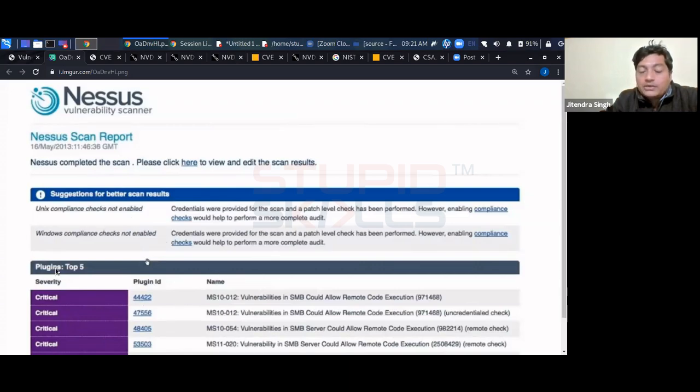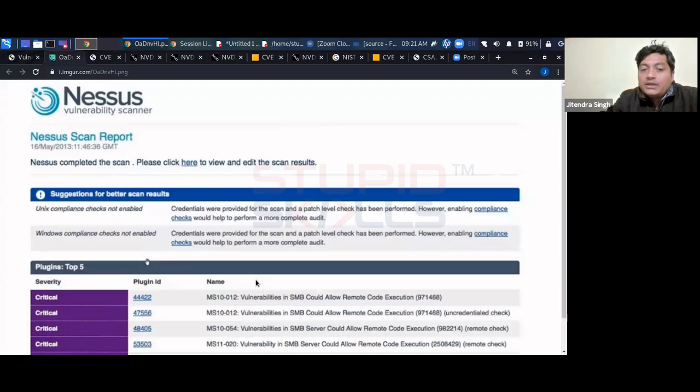But from the left hand side, you can see the particular vulnerability which was discovered and with which plugin. The plugin ID is also mentioned, and you can see the severity as a column, and then there is a name that is given to it.